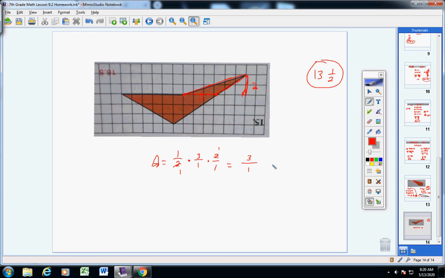And 3 over 1 is 3. So the area of this triangle here is 3. So I have an area of 13 and a half plus 3 more would give me 16 and a half units squared. Okay? Guys, tough problems that are good for you.